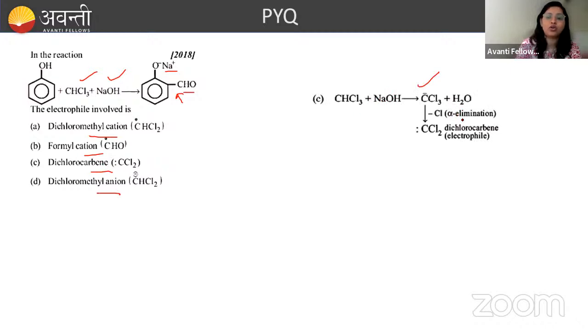Alpha elimination होता है CHCl3 में से. CHCl3 में से हमारा हाइड्रोजन चला जाता है, then there is a formation of CCl3 minus and H plus. And this CCl3 minus forms dichlorocarbene, and this dichlorocarbene attacks the given phenol. So dichlorocarbene intermediate is formed during a Reimer-Tiemann reaction.